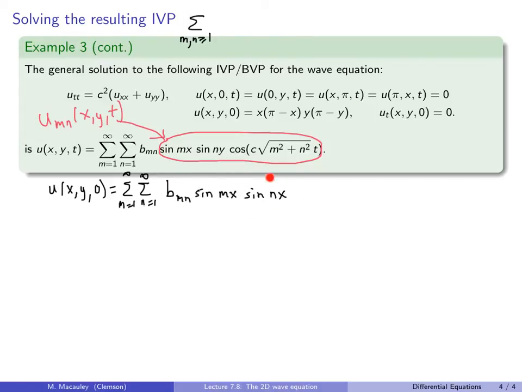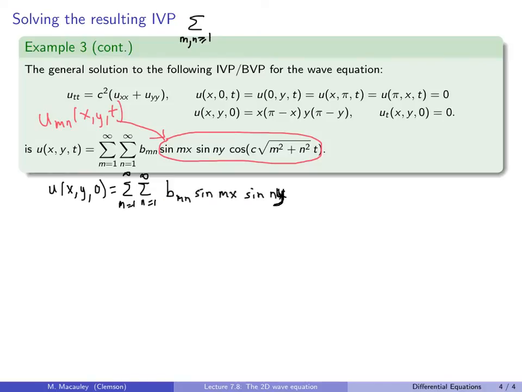This is a double sum, so we're summing over every possible pair, sine of mx times sine of, oh, I forgot that this should be a y, not an x, sorry about that.